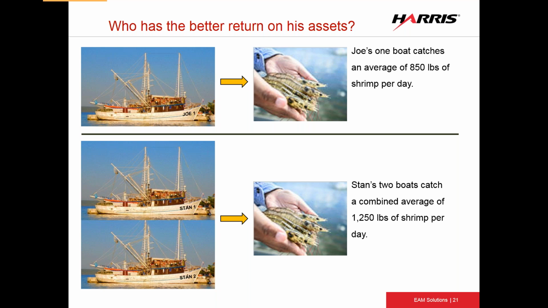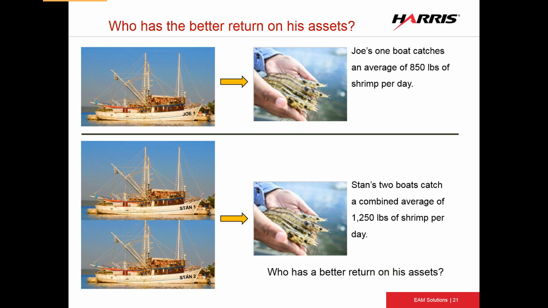So here's the big question. Who has a better return on his assets? Any suggestions here, folks? Yeah, that's pretty easy. Okay, Joe's investment is returning more than Stan's investment, obviously, on a per unit basis. And again, you can convert this to anything in terms of, again, assembly lines.